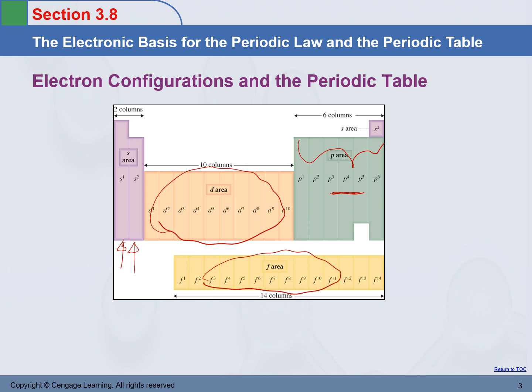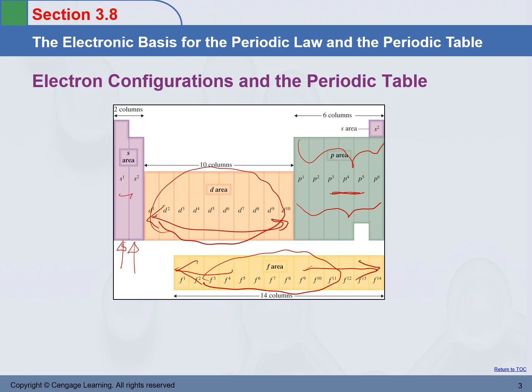Electrons are filling in their F subshell. S can only hold 2 electrons, so the S area has 2 columns. P can hold up to 6 electrons, so the P area has 6 columns. D can hold up to 10, so D has 10 columns, and F can hold up to 14. The F area has 14 columns.